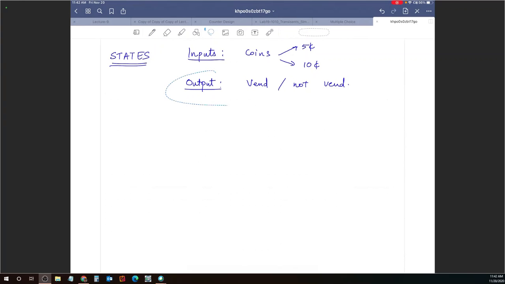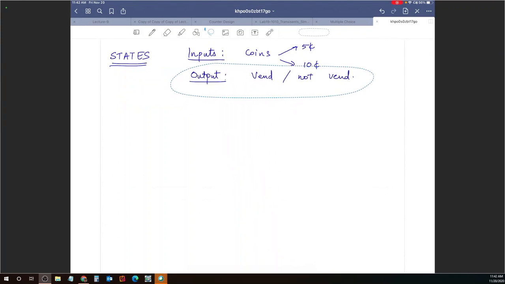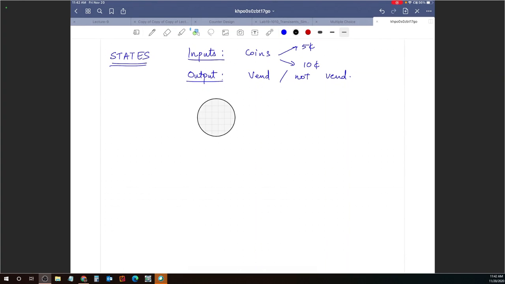So let me push this up here somewhere. Okay. Next, I will start with circles to denote states. I said we need 4 states to indicate how much money our machine has. 1, 2, 3, and 4. I'm going to call them state 0, state 1, state 2, state 3.